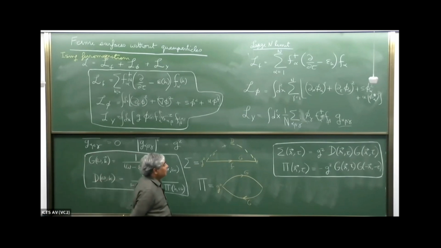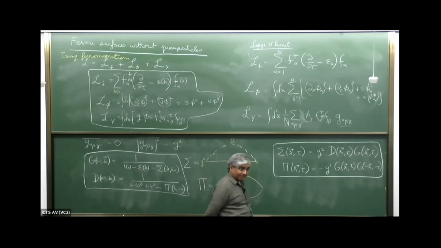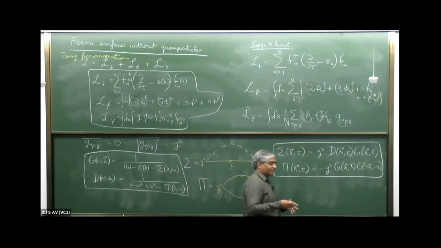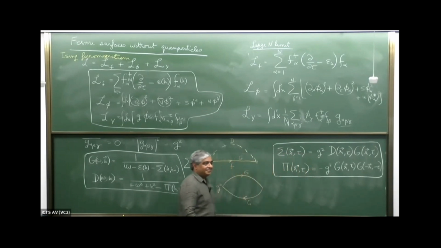If you just make the fermions large N, which is easier to do, you integrate out the fermions, and then you get an action with an N in front of it. But that action has only a single boson field; you can't have N fields in it. The number of bosons cannot be of order N. It has to be of order 1. So that doesn't work.